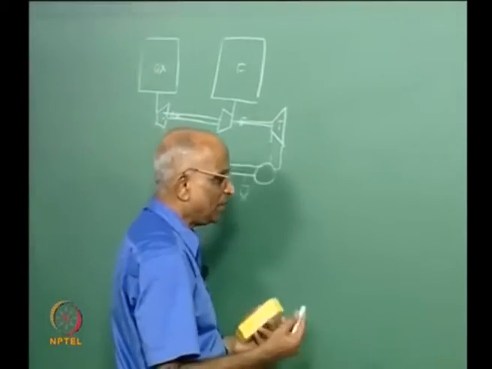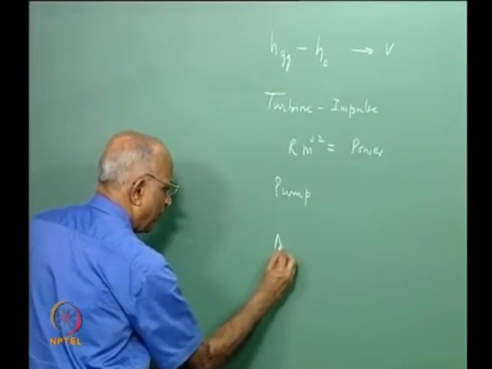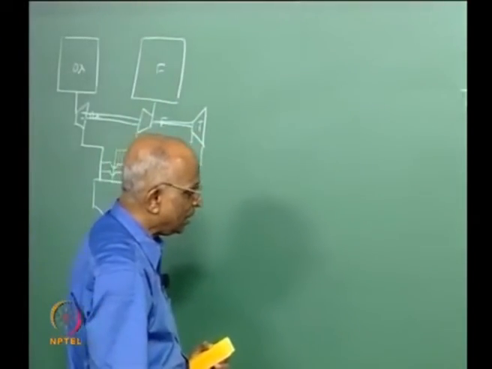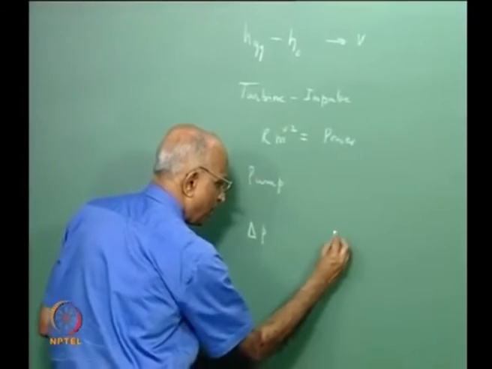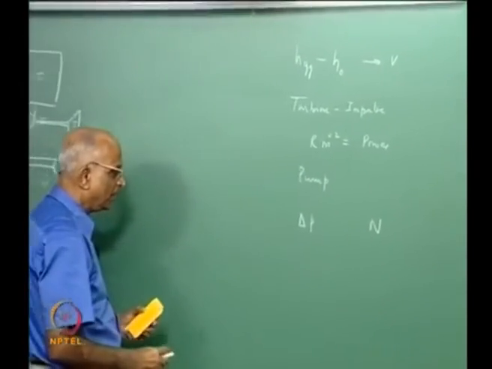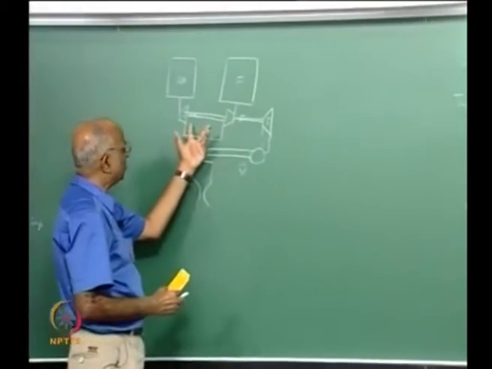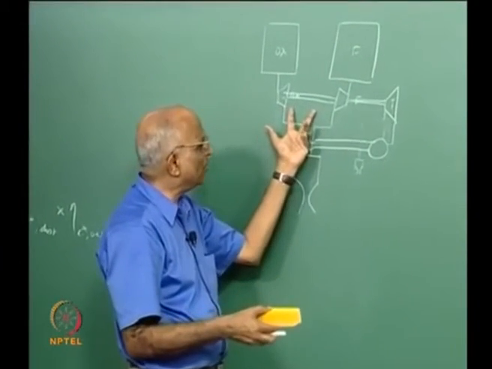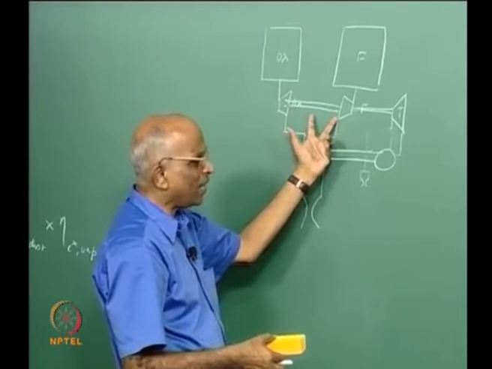Therefore, what is a pump required to do? A pump must generate some pressure, and what are the parameters in a pump? Maybe the speed of the pump, n rpm, and generally pumps rotate at very high speeds, of the order of 20,000 to 60,000. In fact, we have a new engine known as Vinci, where the speed is almost 1 lakh rpm.